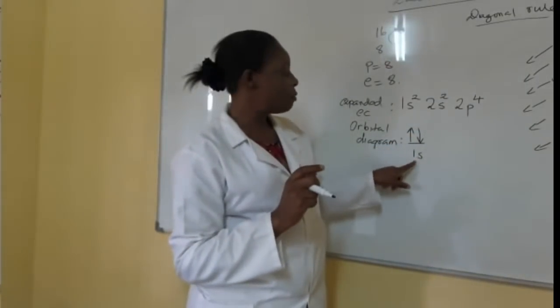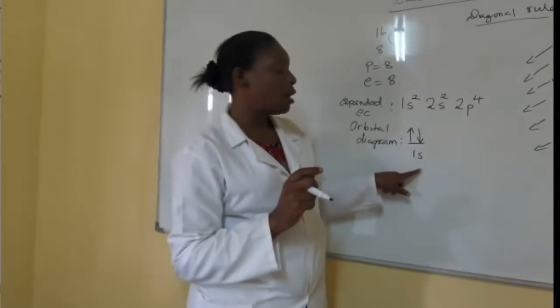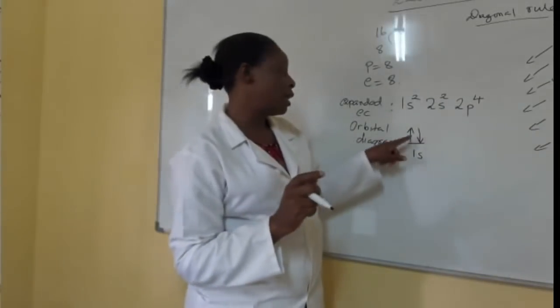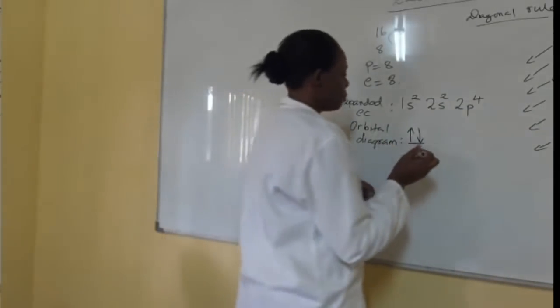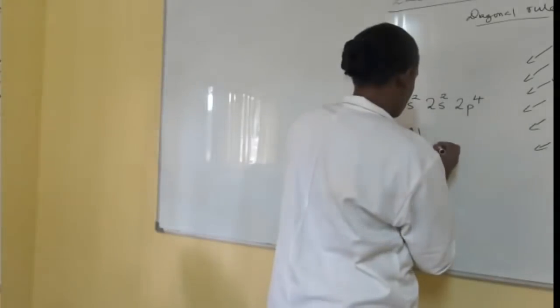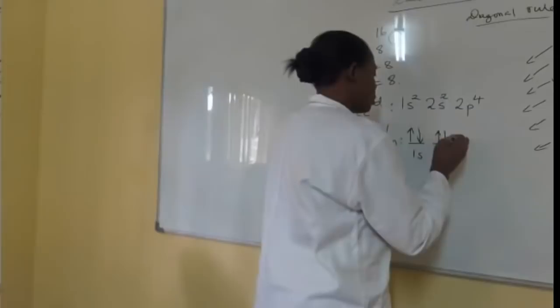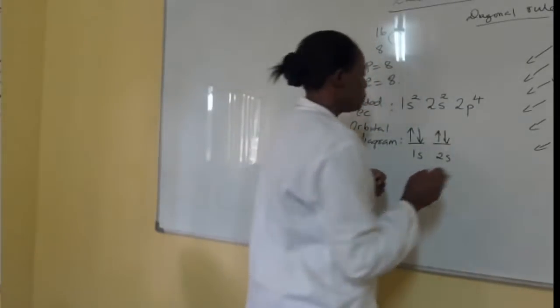They can have the same n, l, and ml value, but they will differ in their spin. Go to the 2s. The 2s also has 2 electrons as shown.